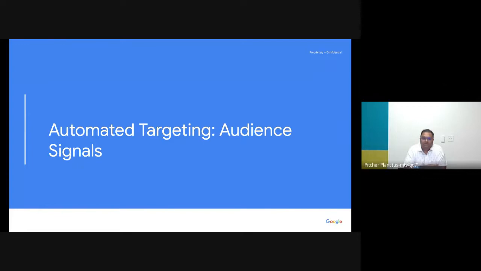So for example, for clients that are very heavy search spenders, we typically recommend using Performance Max in tandem with the same bid strategy. And Performance Max is an incremental channel for them to get those conversions at the same value.